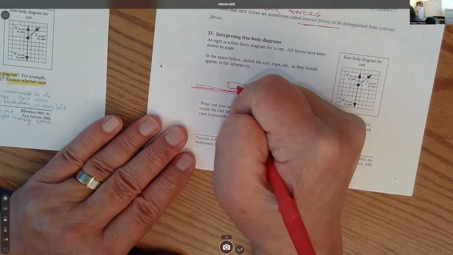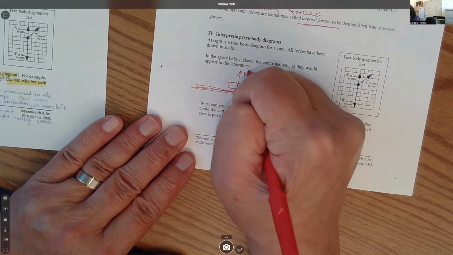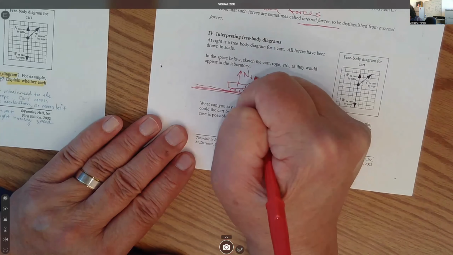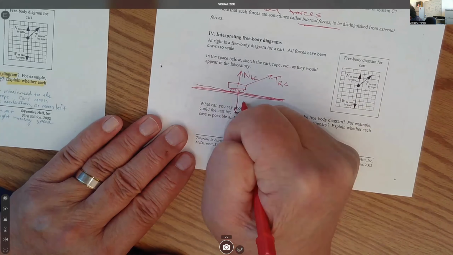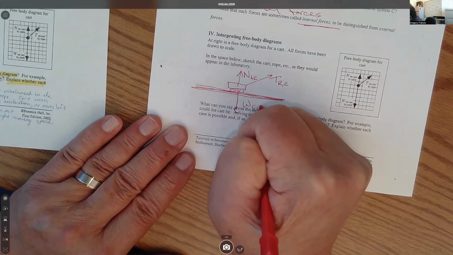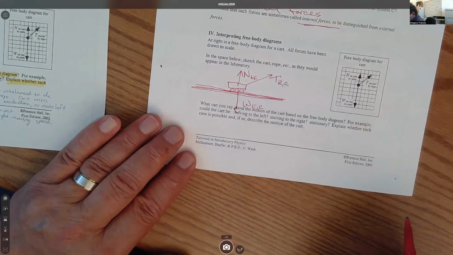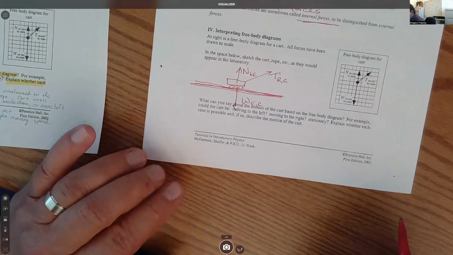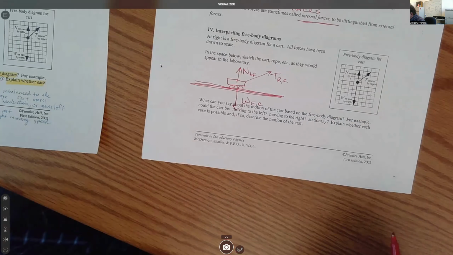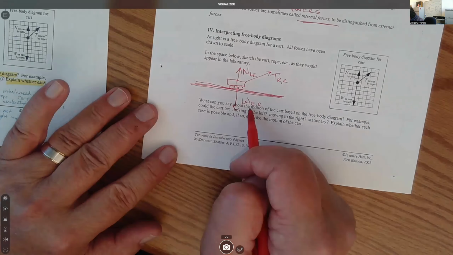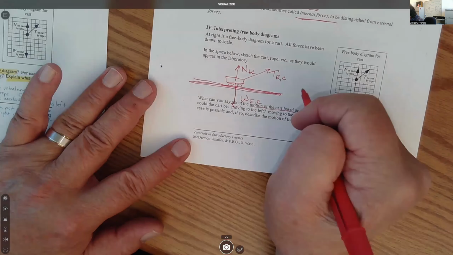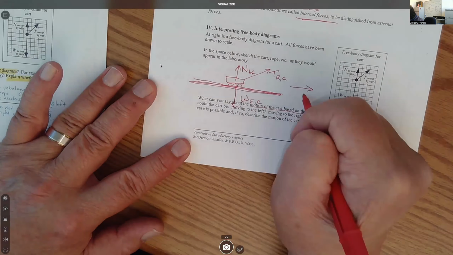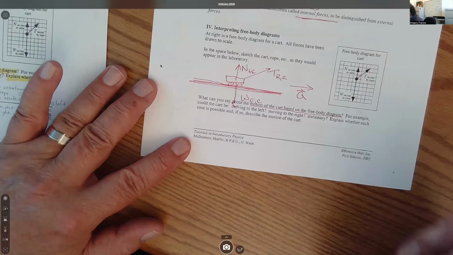We have this normal force by the table on the cart, and we have this gravitational force, Earth on the cart. And what we can say about the motion from our free body diagram is that it has an acceleration to the right.